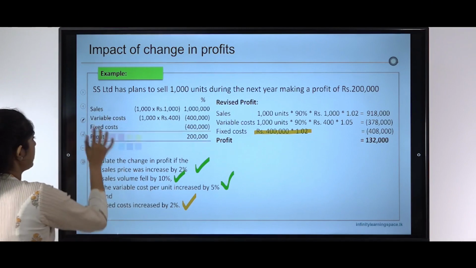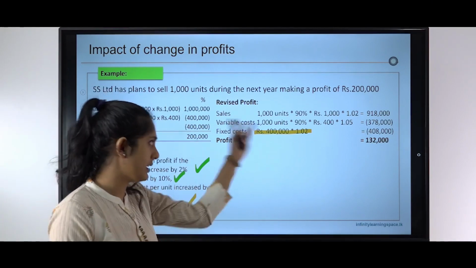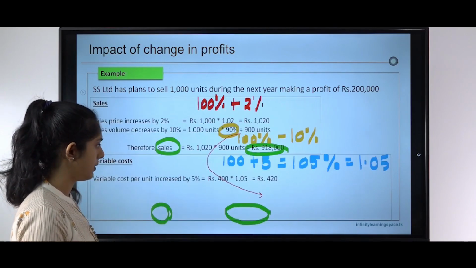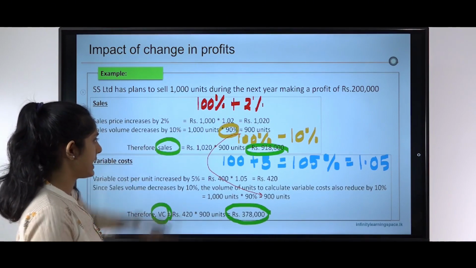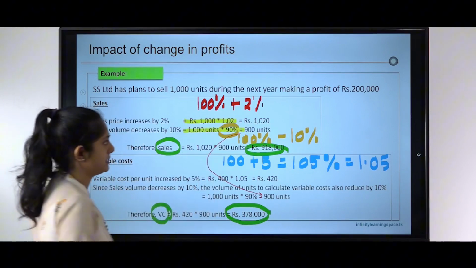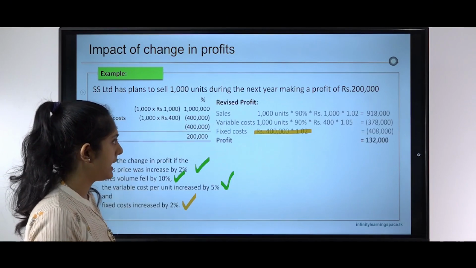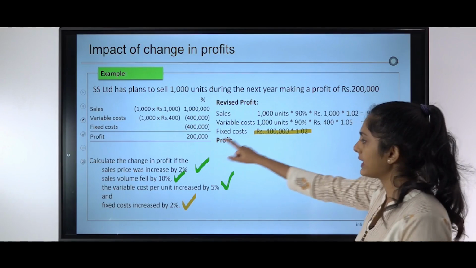If you notice, another small shortened way of what I have done is, this whole thing which we did before, I have shortened it. This was your sales price, and below was the quantity. So we combine that here and put it in one line. Sales, what happened?